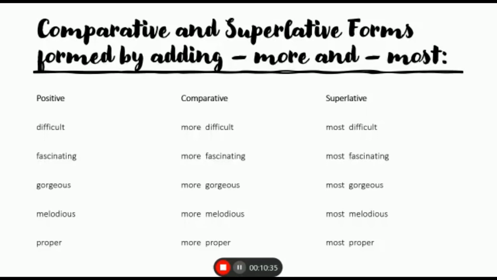So we will avoid doing it. We have to remember them because these are the specific cases in which the same rules are not being followed. Difficult becomes more difficult and most difficult. Fascinating will also become more fascinating, most fascinating. Similarly, gorgeous, melodious, and proper.